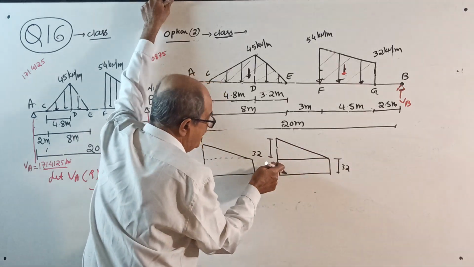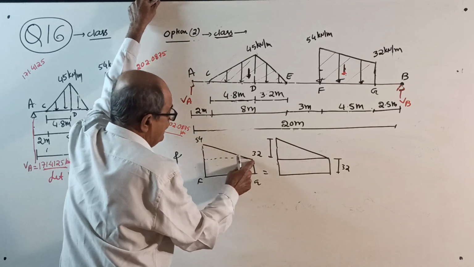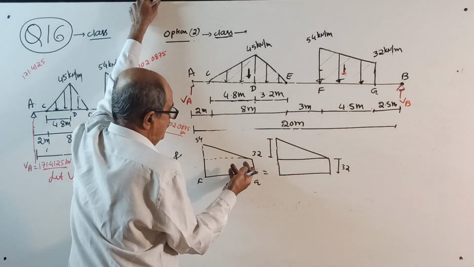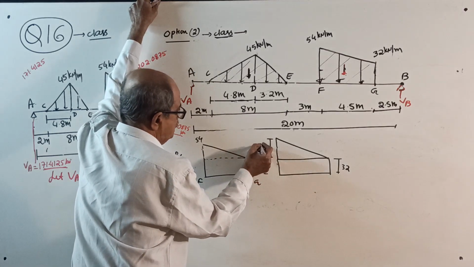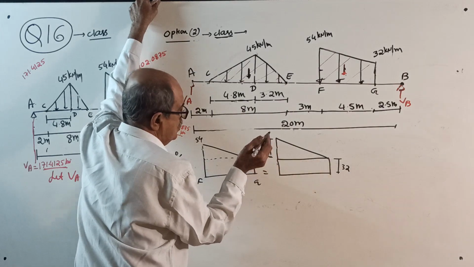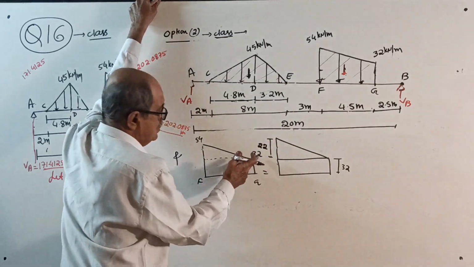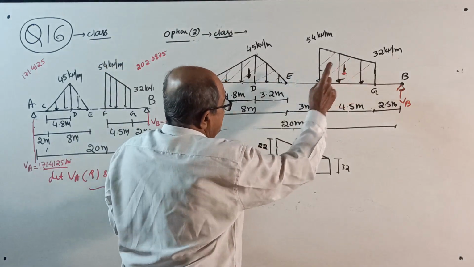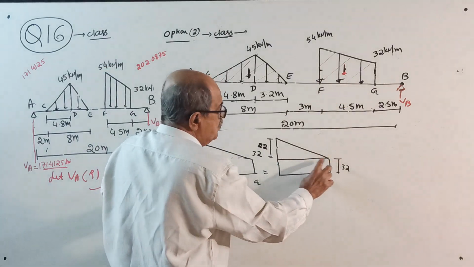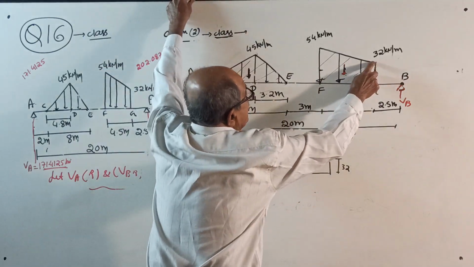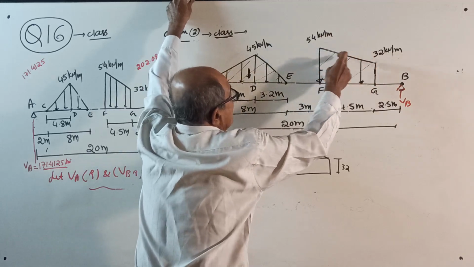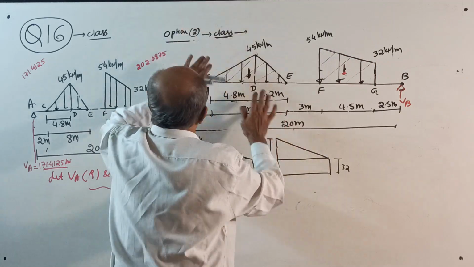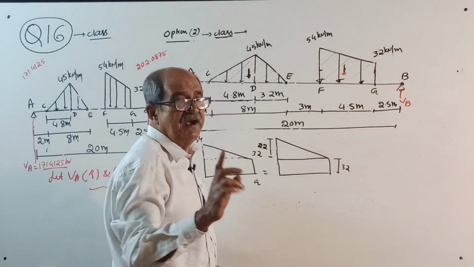You write 32 here only, later 54 minus 32, that is 22. 22 correct? Yes, 22. So therefore, in place of the trapezium, you will have a rectangle, that is UDL of 32 kN per meter, and one triangle represented by a right angle triangle, 0 here to 22. Now I will put one more sketch here and solve it.